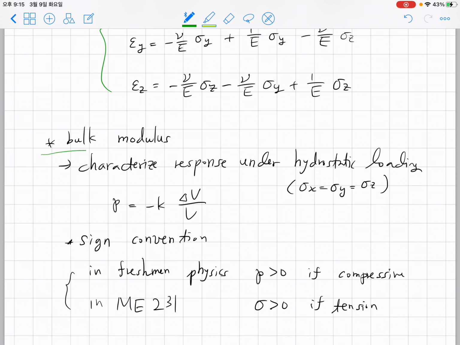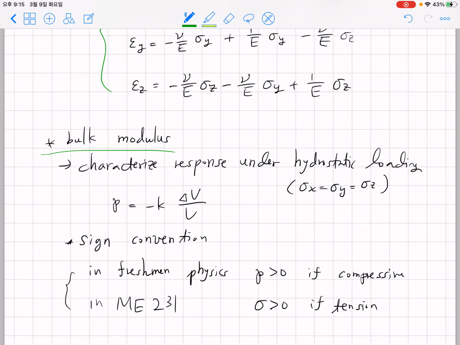This property is called bulk modulus. I think most of you may have heard about bulk modulus in freshman physics. I remember when I was a first-year student, there was a section on sound propagation in freshman physics, and somehow the textbook made a really rough definition of bulk modulus and discussed how sound propagates.